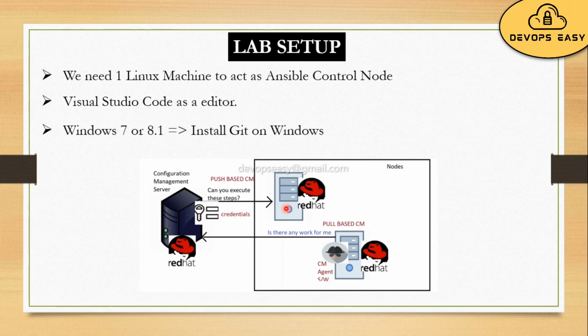If I am using Chef and Puppet, the agent will come and ask the master, take the Java steps and install. So here the process is different and lengthy, while there it is an easy process. That's the reason people prefer push based configuration management tools.